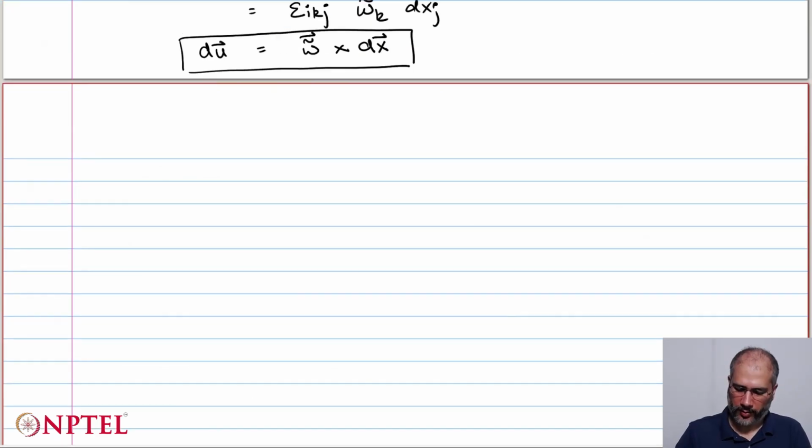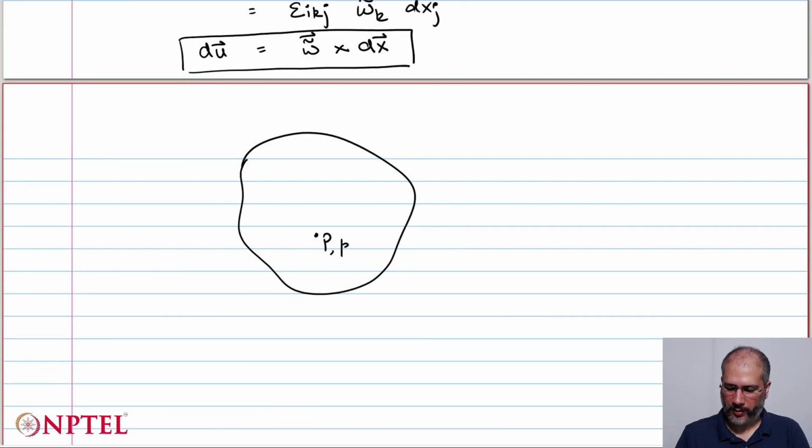So let's see what this denotes. So we have a point P, or a point small p. As we said, we'll be hovering above the point P so that all displacements are relative. And we had the point Q here, so that this was our dX. And in this 2D plane, let us say this is a planar motion, our omega tilde vector is coming out of the plane of paper.